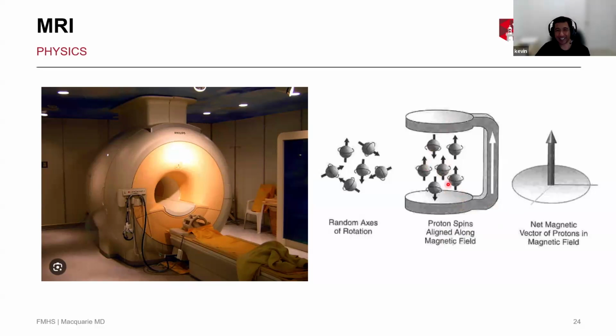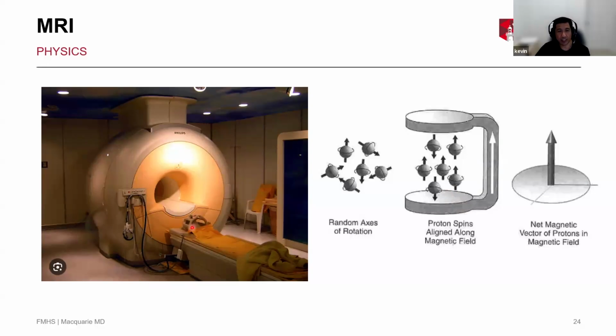So if you have a magnetic field, the hydrogen nuclei, the protons, will tend to line up. When they line up, they form a vector, similar to the ultrasound. So we have all these hydrogen nuclei lined up in the strong magnetic field. Across that, you might see this thing over here is called a head coil.